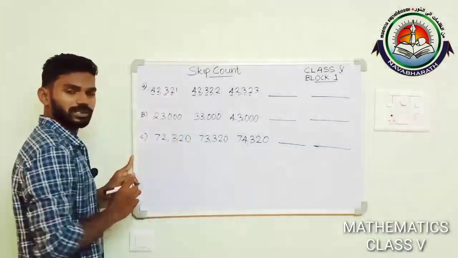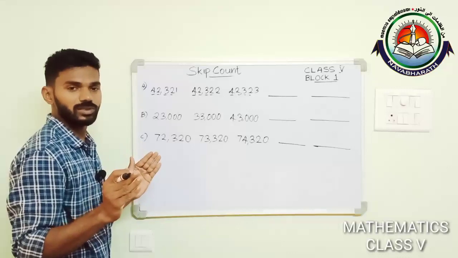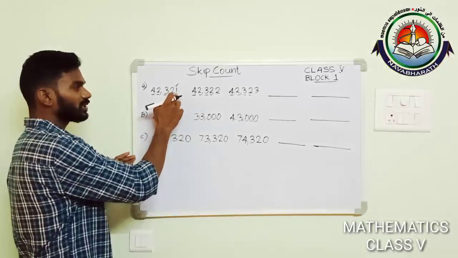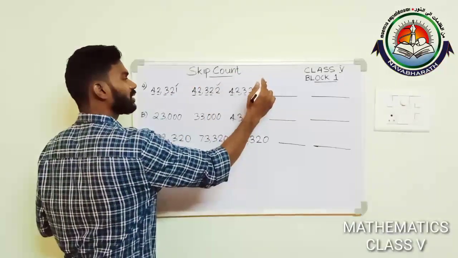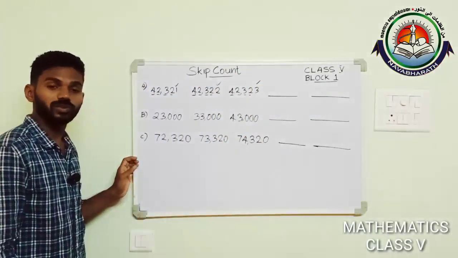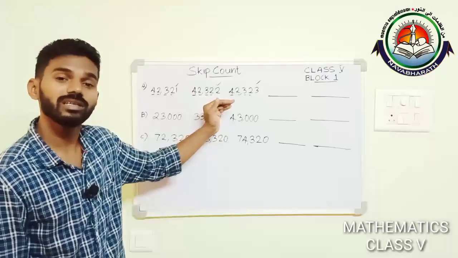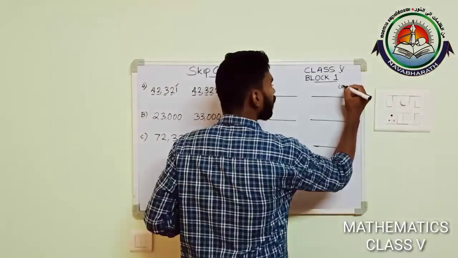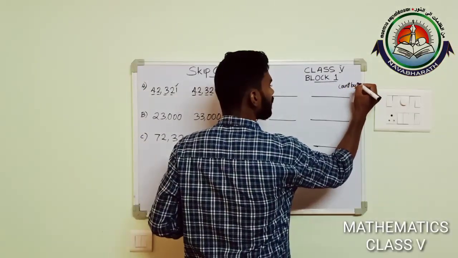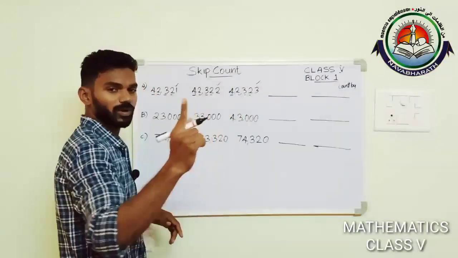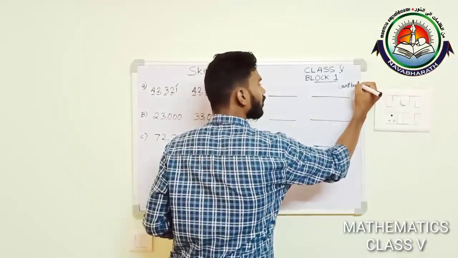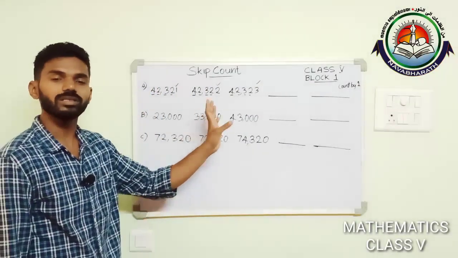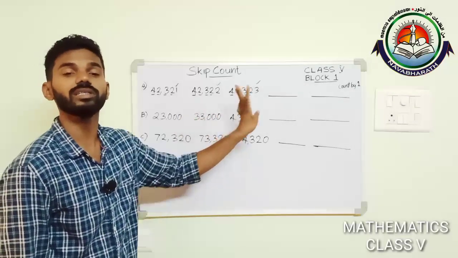So the digit that is changing is only the digit at the ones place. First it is 1, then it becomes 2, then it becomes 3. So this is simply counting. Count by which number? Which place is changing? Ones place. So it is count by 1. So you have to increase only the ones place.